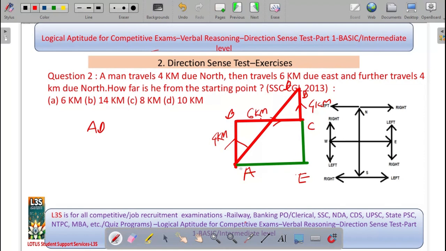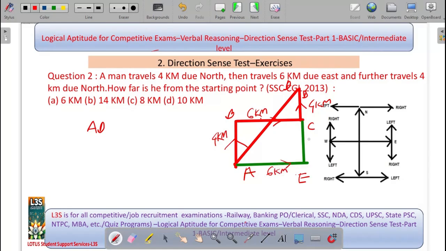So for that we have to complete this triangle AE, ED and AD. From here, by Pythagoras theorem, we will find out the distance AD. Now AE, we know the distance BC is 6 kilometers. It will be the same. So this will be 6 kilometers.